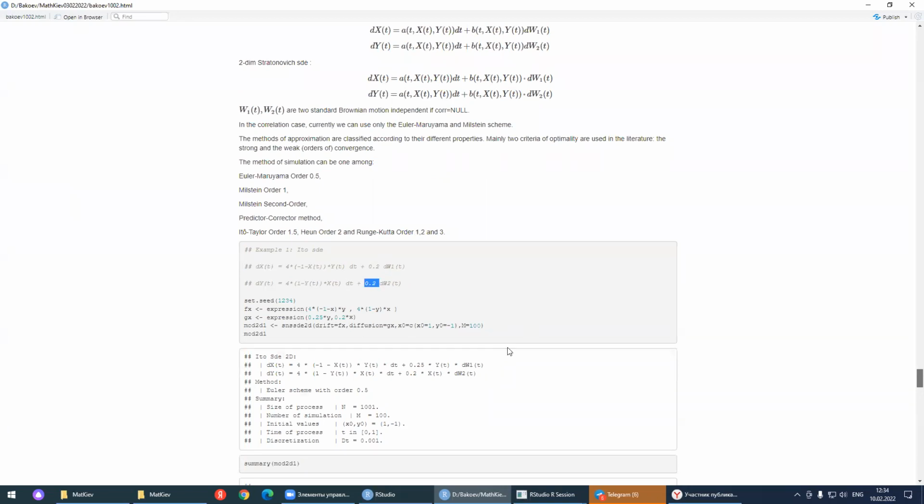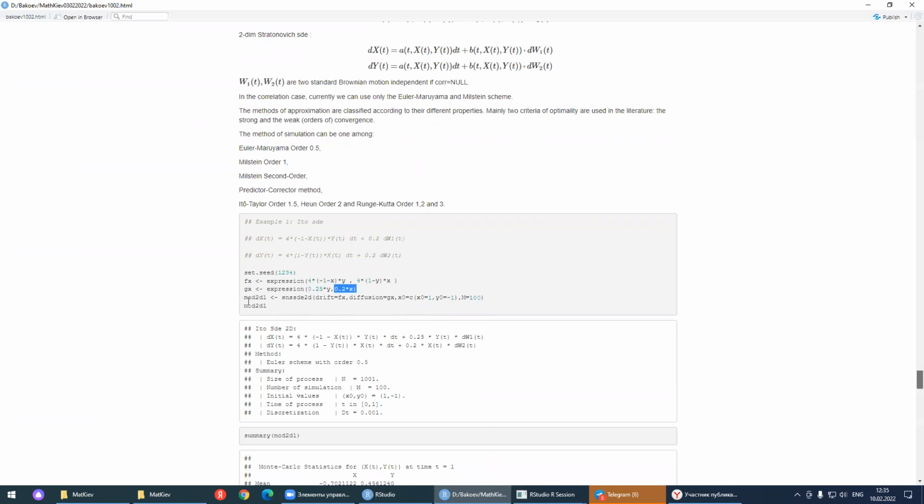In this case, you can write the drift function as a vector. Look here, this is A, this is B, A for the second one. And the same for the diffusion coefficient, sigma 1 and 2 as a vector.